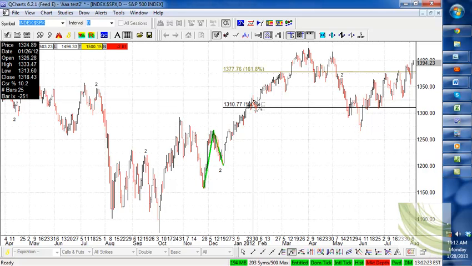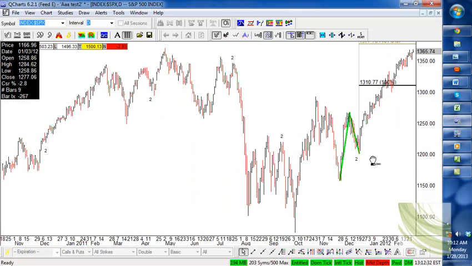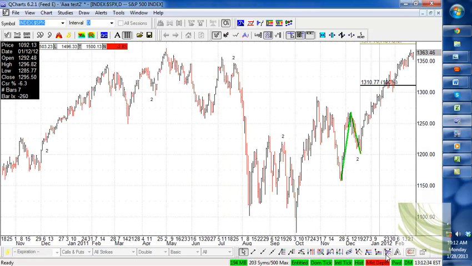Made it past 100%, several closes beyond, and then eventually made it past 1.618%. Let's take a look at another example.